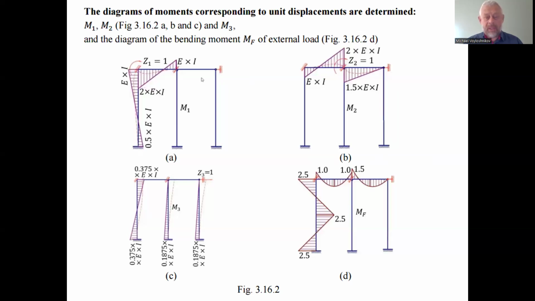All other assumptions we adopt of the canonical equations of the displacement method, and using the canonical equations, we have to find the factors of the canonical equations. Factors are the forces and the kinematic action of the unit displacement in the added extra connections. We have 3 added extra connections.